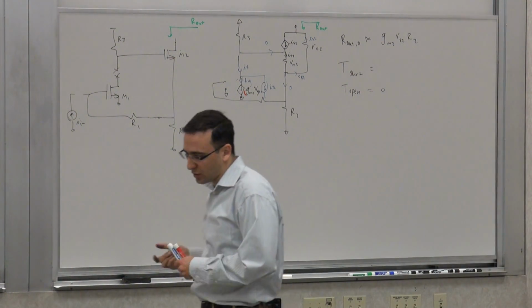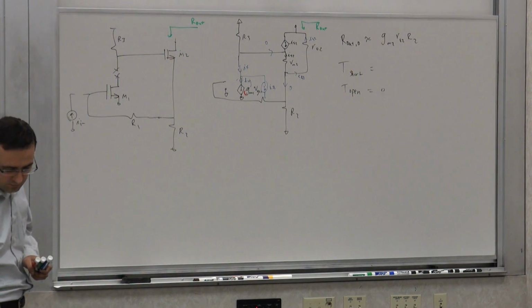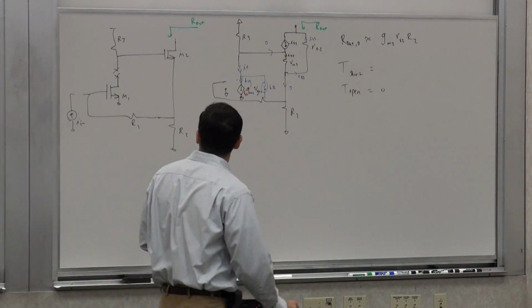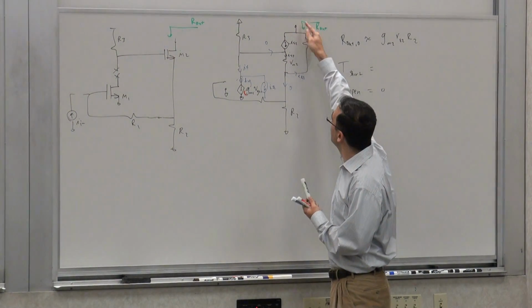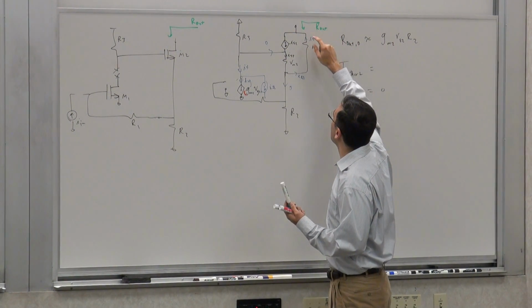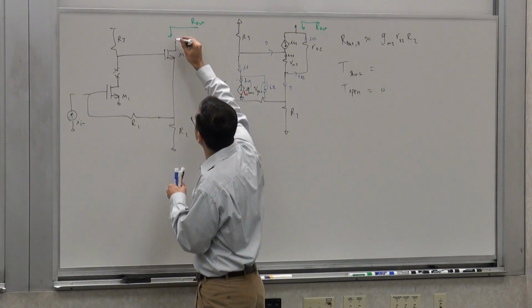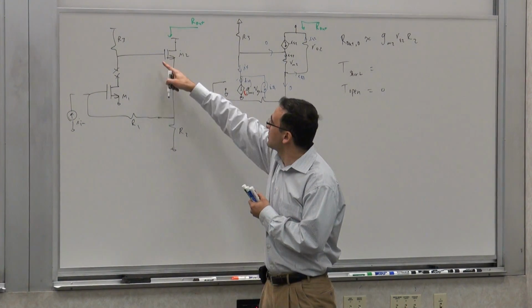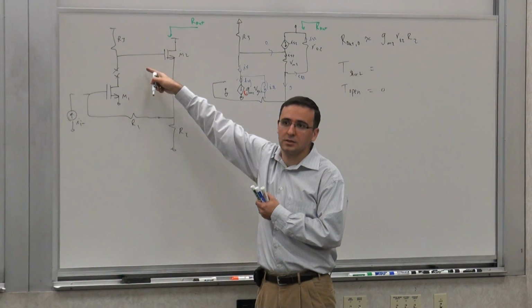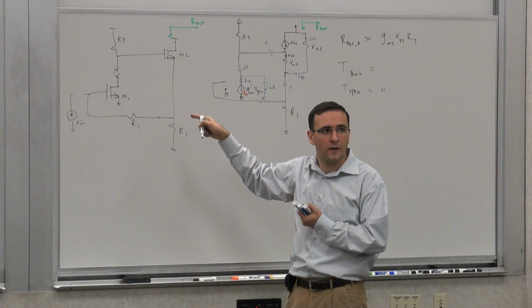Okay? How about T short? How do we calculate T short? For T short, we need to short this to ground. When we short this to ground, it's as if I have shorted this to ground, or VDD, which makes your life easier. This becomes like a source follower, a common drain stage.